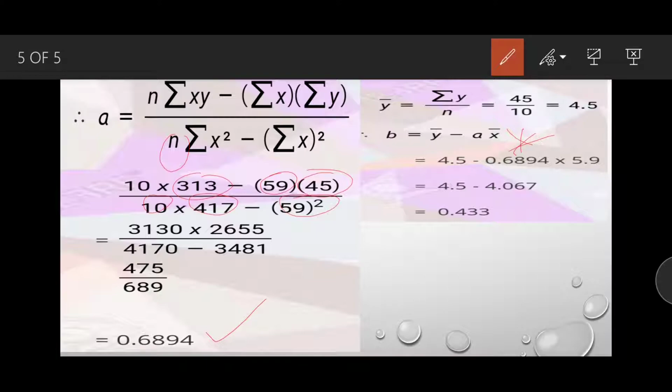If I sum my y, I have that value, and if I sum my x, I will have 5.9. Remember summation of my y is 45 divided by 10, so I have 4.5. The value of my x bar here is 5.9 because my summation of x was 59, and if I divide that by 10, it gives me 5.9.